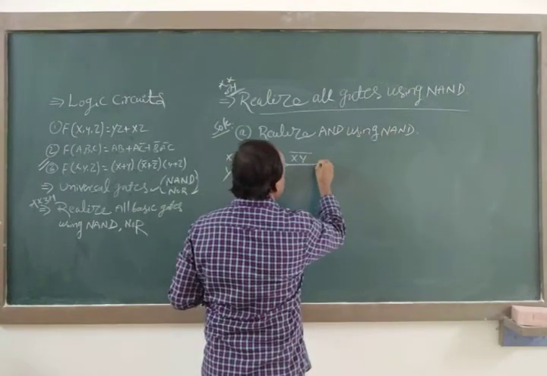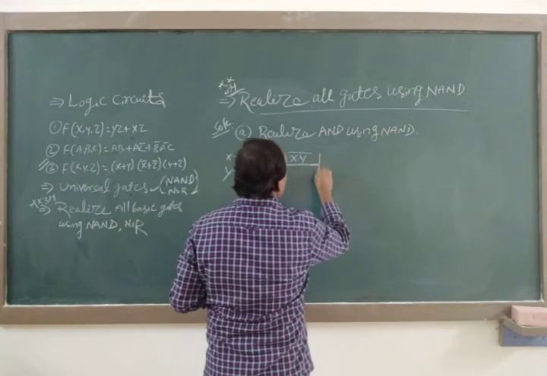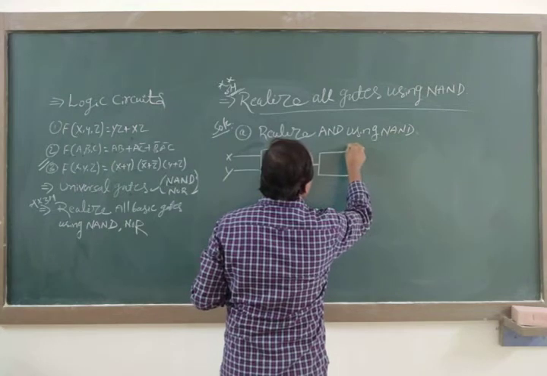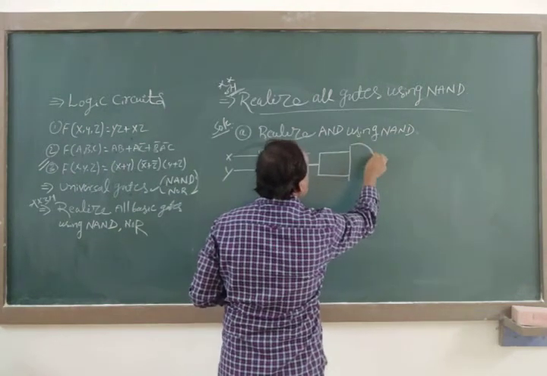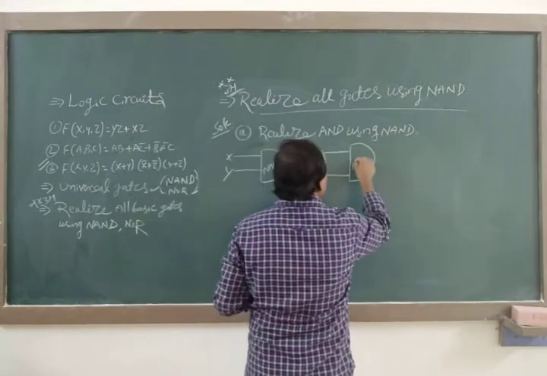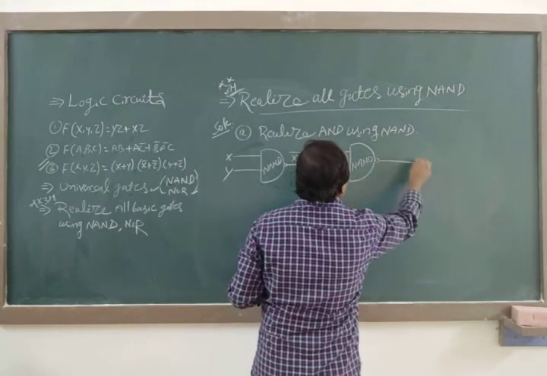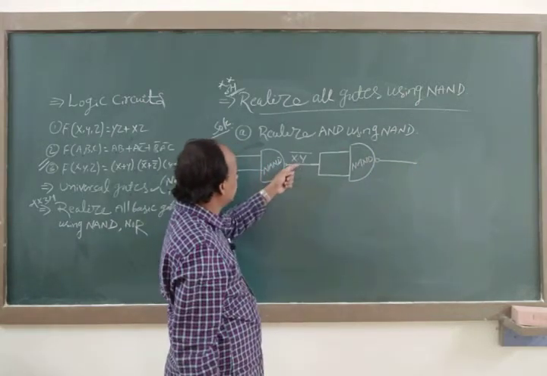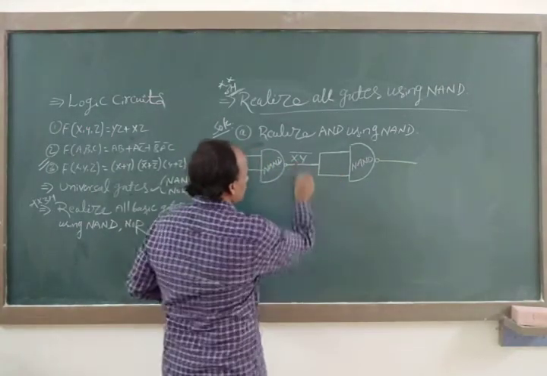The first NAND gate output is passing to this other NAND gate.